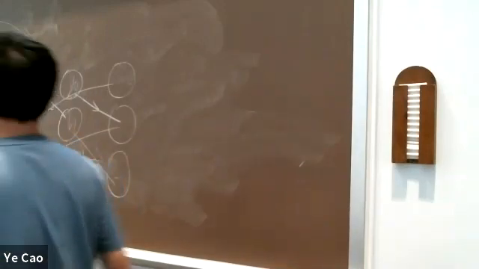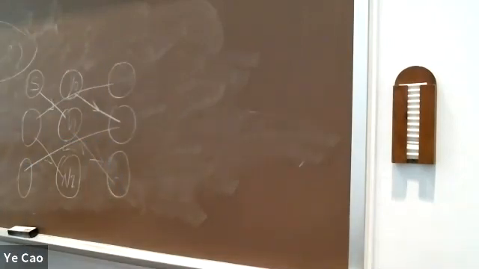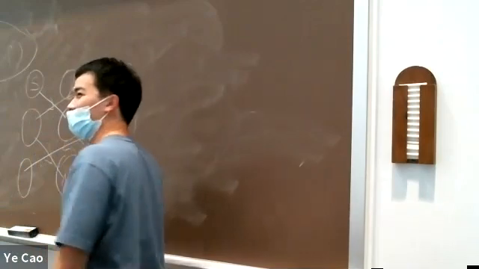I'm gonna say something crazy: this graph is exactly the same graph as this graph, but it's the acyclic version of that graph.